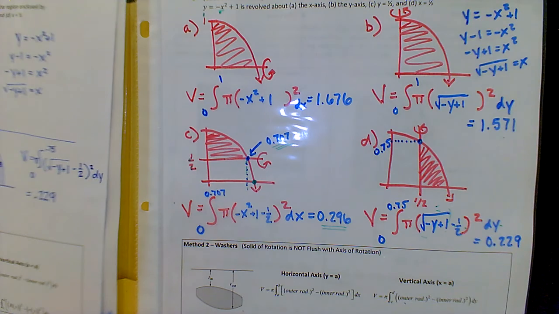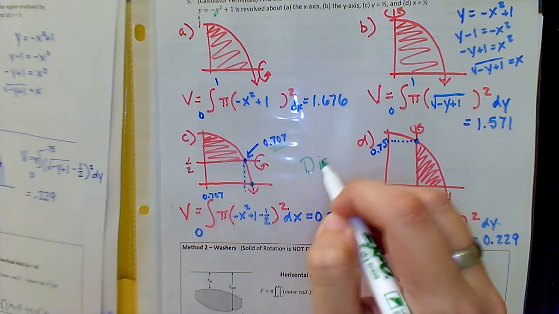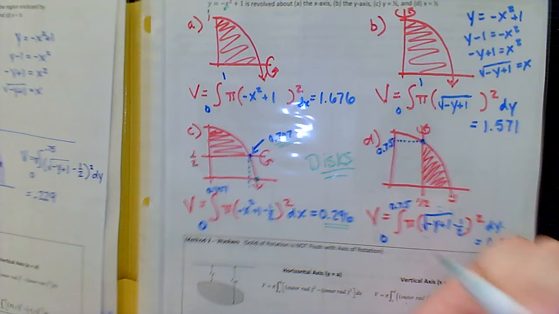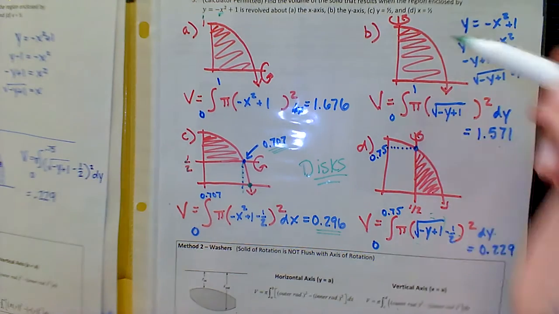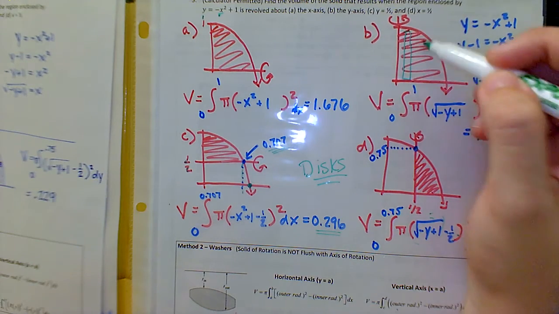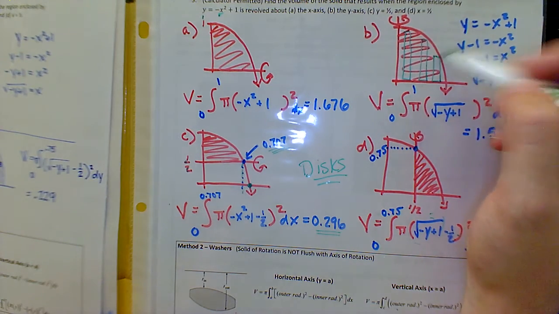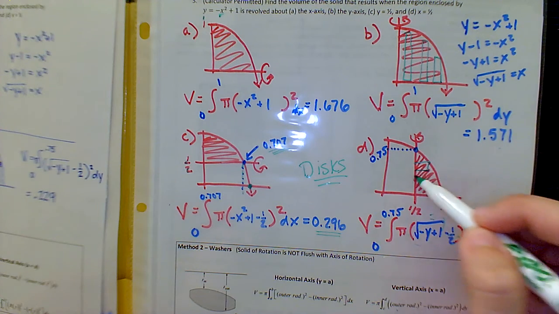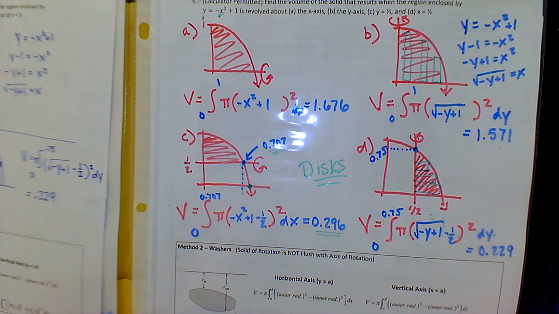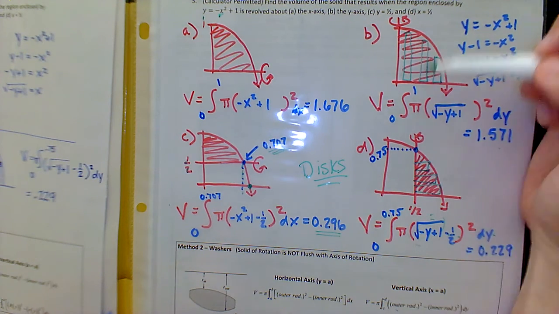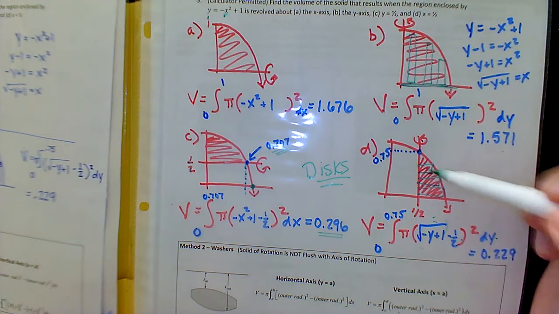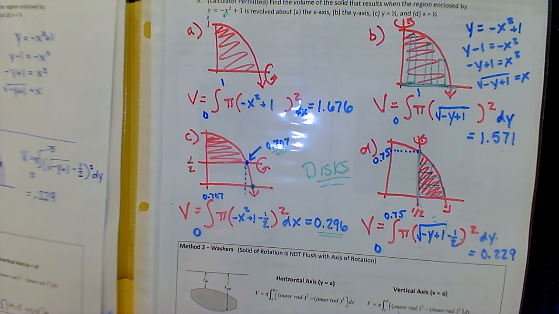Perfect. All right, so all of these examples that we've been doing so far are referred to as disks because if you were to draw in those rectangles at any location inside that area that you are revolving, all of those rectangles would touch that axis that you are revolving around.